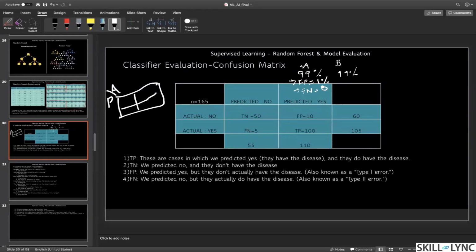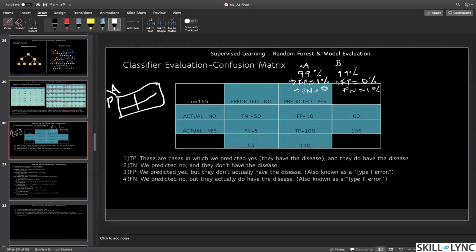False negatives are 0. In scenario B, false positive is 0 and false negative is 1%. Now tell me which scenario is important.